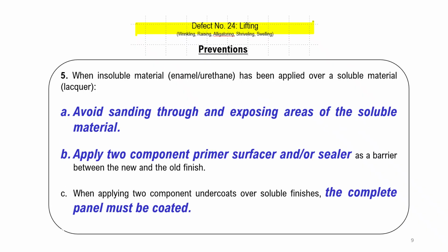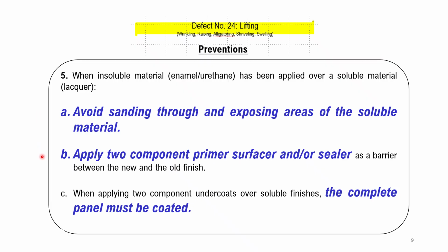Number 5. When insoluble materials, that is enamel and urethane, have been applied over a soluble material, that is lacquer, then A. Avoid sanding through and exposing areas of the soluble material.